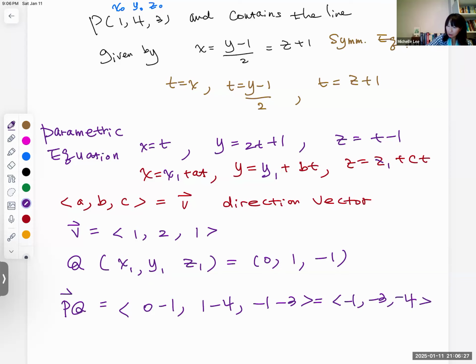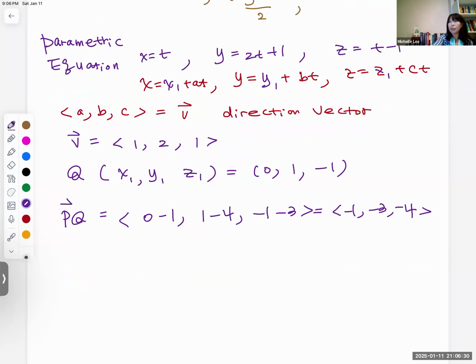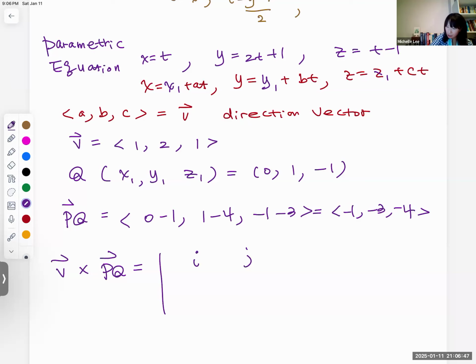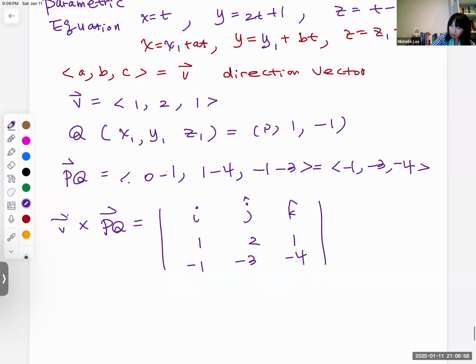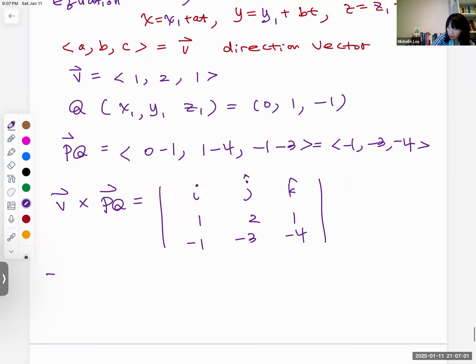Okay, let's find the normal vector, which is v cross PQ. So that will be I, J, K; v is 1, 2, 1, negative 1, negative 3, negative 4. That will be I minus J plus K.